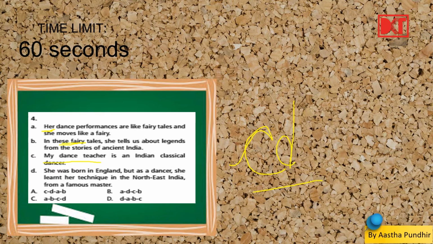Here we explain about her. Then her dance performances are like fairy tales, and she moves like a fairy. A. Then B. So C, D, A, B. Accordingly, the correct answer is A.